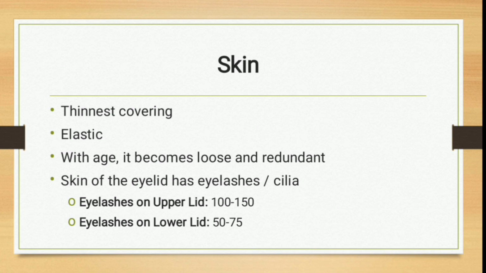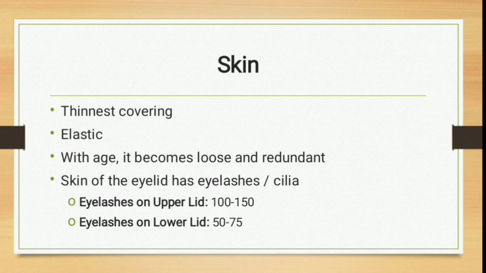So the skin of the eyelid also has some small hairs or cilia that are named eyelashes. The big ones are the eyelashes which you can see, and a lot of girls apply mascara on them. Those hairs on the eyelid are basically the eyelashes, which are many in number and more in the upper eyelid, about 100 to 150, while 50 to 75 in the lower eyelid, and they grow, right?